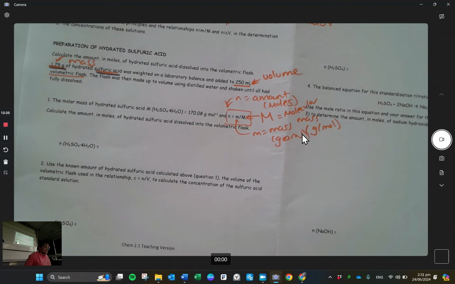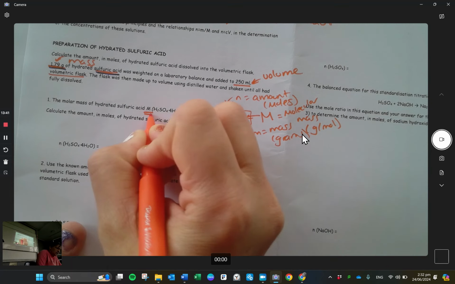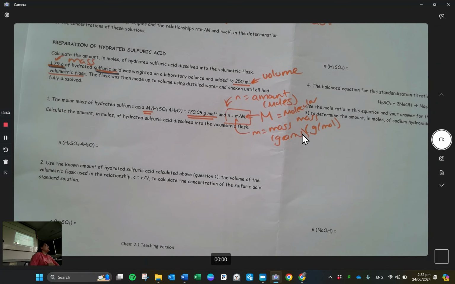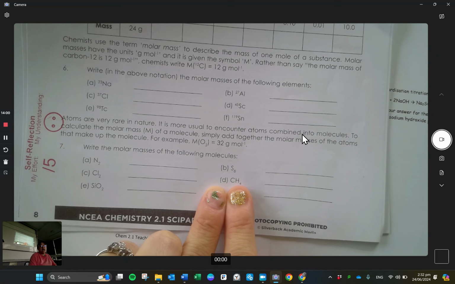So in this case, something to keep in mind is that we calculate the molecular mass for you. We give you the big M. If I didn't give that to you, what you would do is look at the periodic table, look for each one of those elements, and add them together. Let me pull up the SciPad questions to show you what I mean. So here we go. For example, you see how we had methane, which is CH4, carbon with 4 hydrogens.